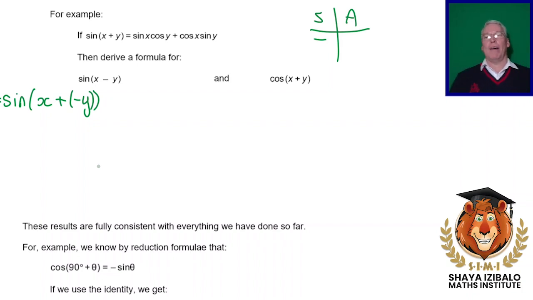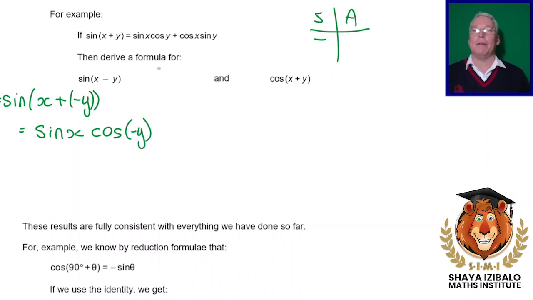Now, the reason I'm writing it like that is because that is what I've got this formula for. I've got a formula for sine of x plus something. So now I'm going to write this formula out, and wherever I see an x, I'm just going to leave an x. So I'm going to get sine x. And then the formula says cos of y. But now this is inside the bracket, so this is cos of minus y.